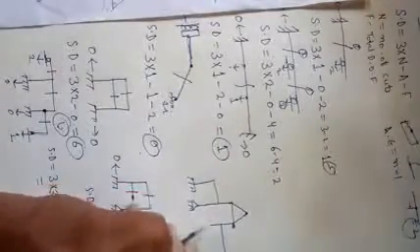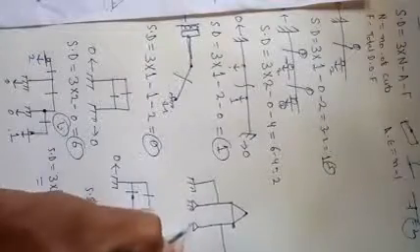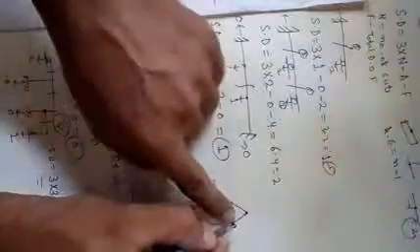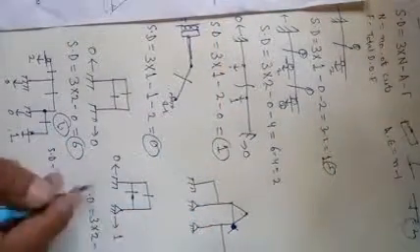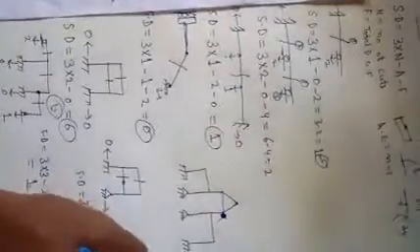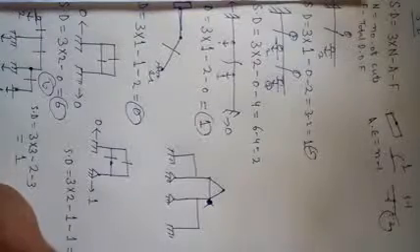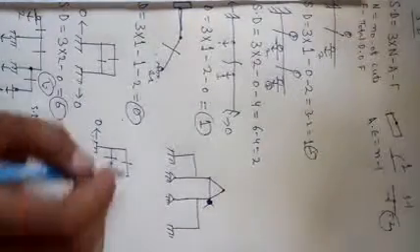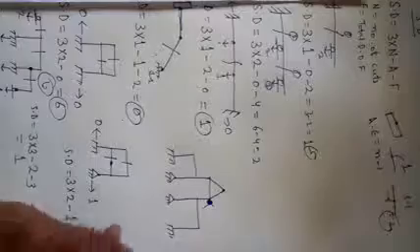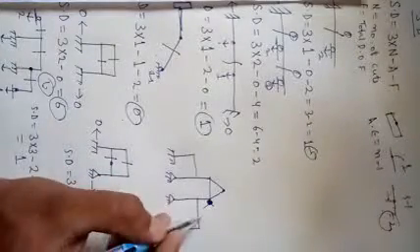This is a hinge. This is not an internal hinge. Now see, there are 1 2 3 and 4 supports. You have to separate each support.